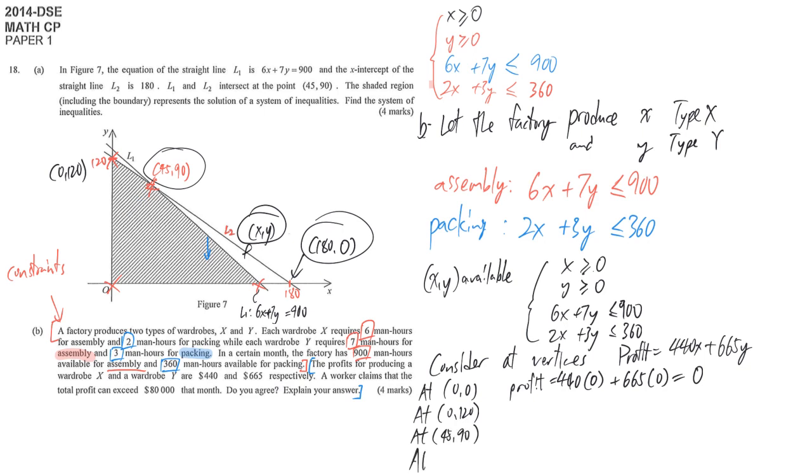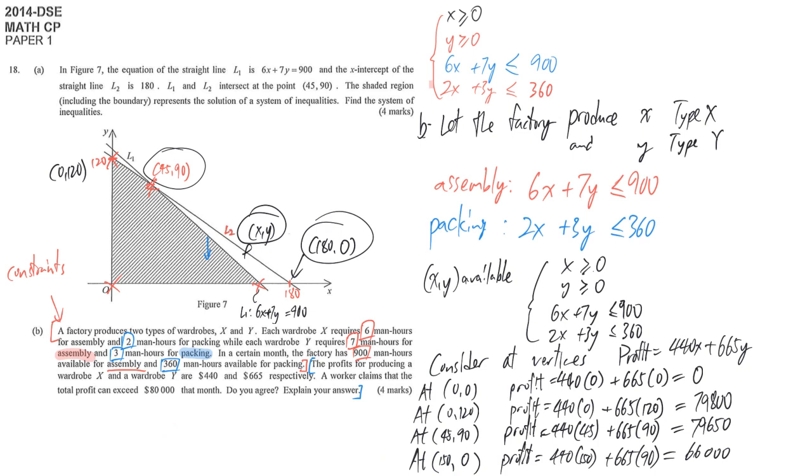And finally, the last point, we are talking about the x-intercept of L1. For L1, when y is equal to 0, x will equal 150. And then we calculate the profit in each case, and then we find the maximum profit. Therefore, we find the maximum profit is 79,800.